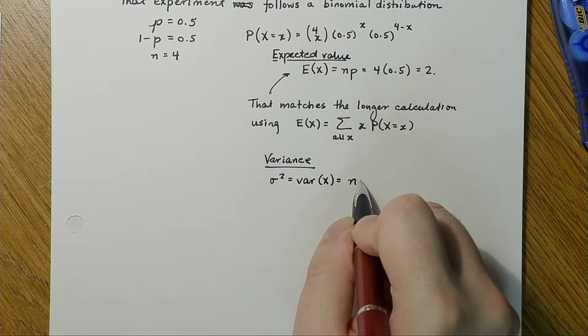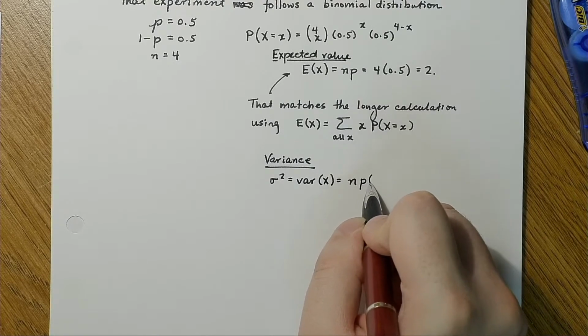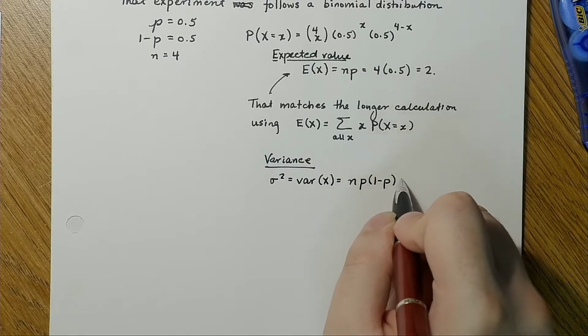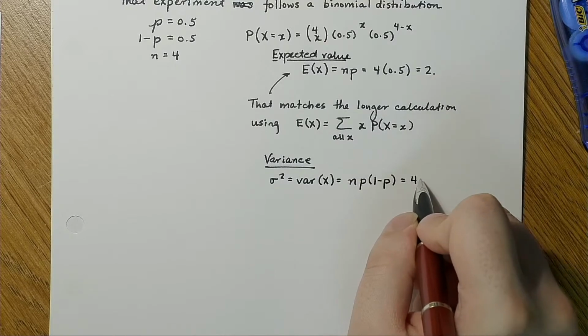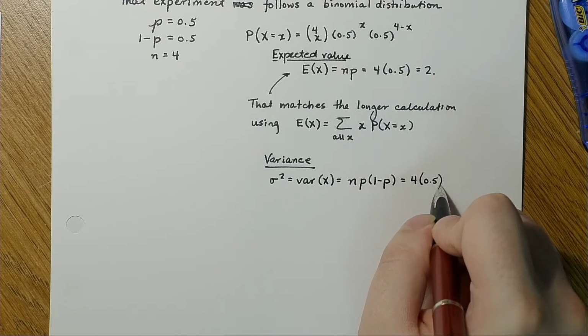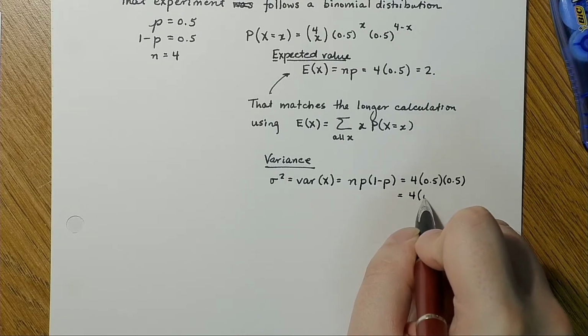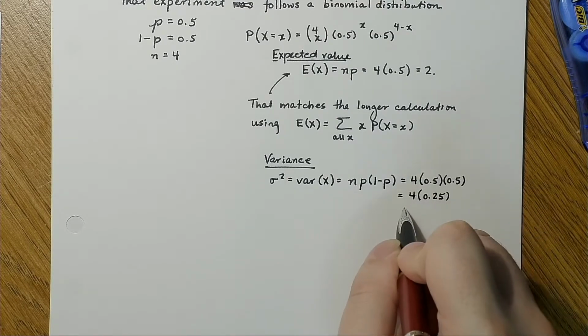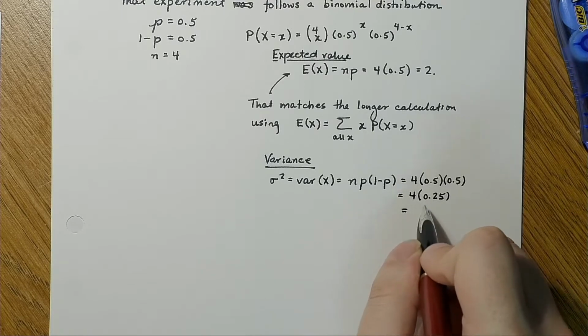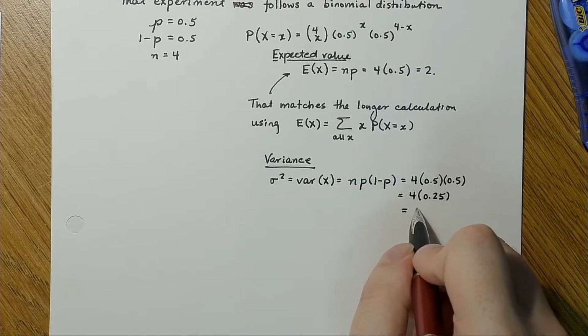And like I said, it's n times p times 1 minus p. Four times a quarter, so 4 quarters gives you 1.